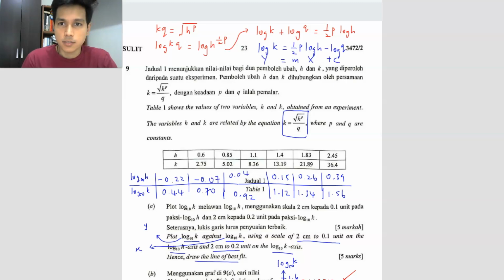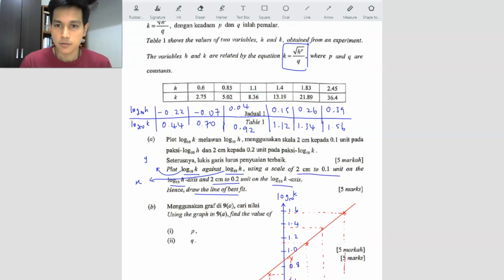So from here you can see that your gradient is what? Gradient is 1 over 2p, and your intercept is negative log Q. So now they ask you to find the value of P and Q, right? So you have to find the intercept as well as the gradient.